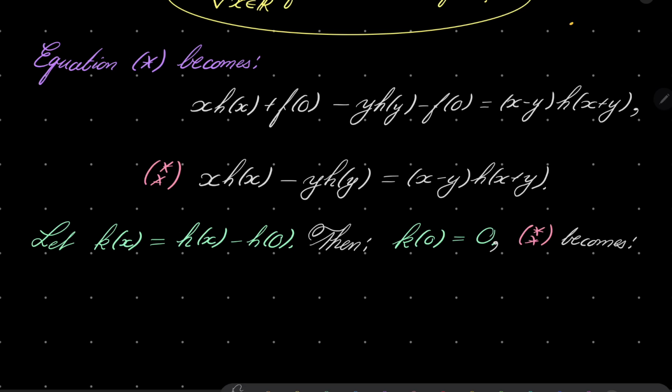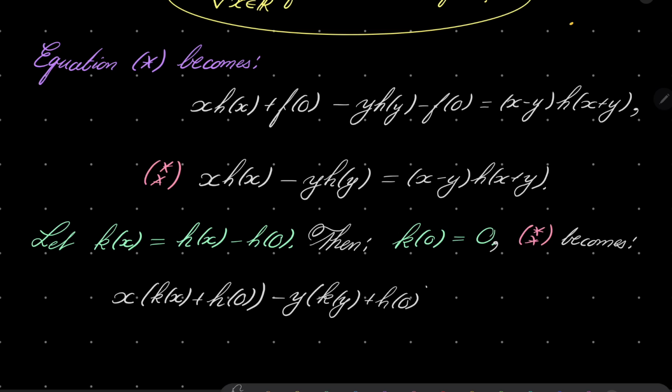Instead of h of x, I can put k of x plus h of 0. Instead of h of y, I can put k of y plus h of 0. And on the right hand side, we have x minus y times k of x plus y plus h of 0.